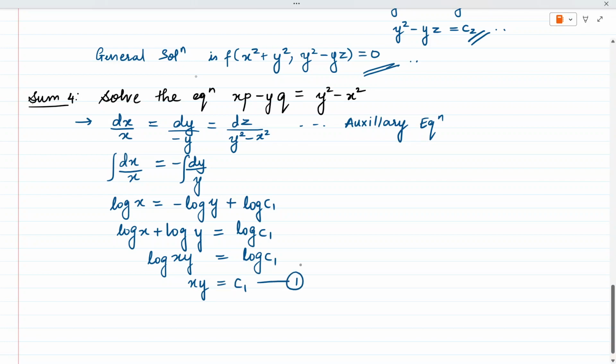What about the next combination? First second करके आपको ये आंसर मिल चुका है. What about the next combination? Will you use second third या फिर first third? क्या कॉम्बिनेशन यूज करने से हमको आंसर मिलेगा?